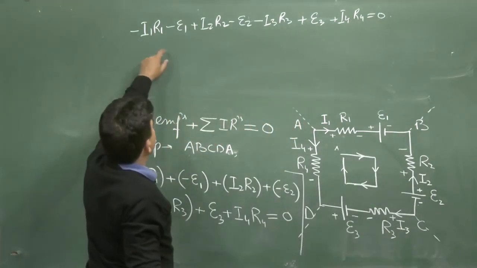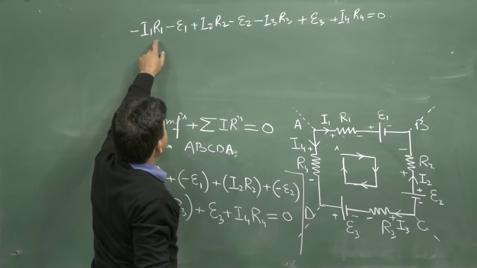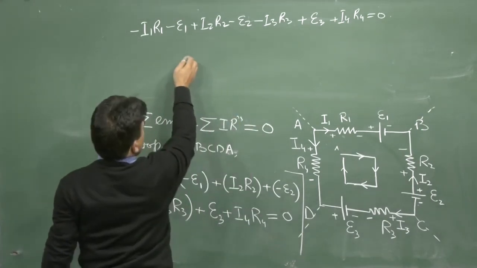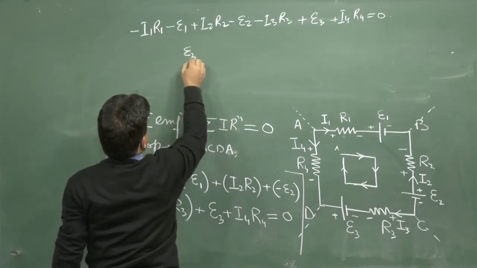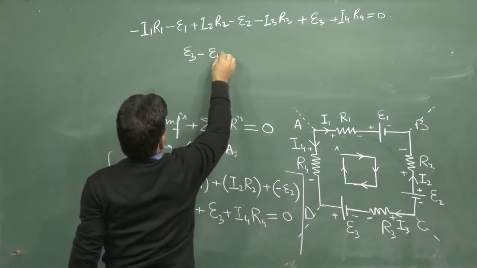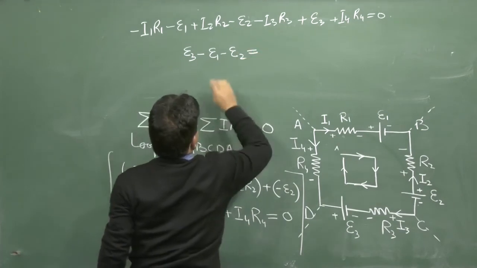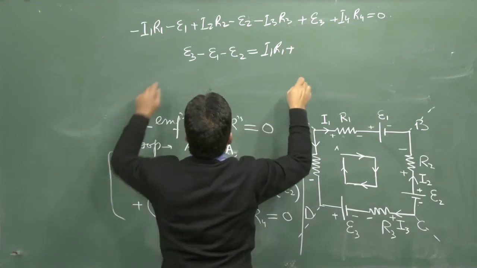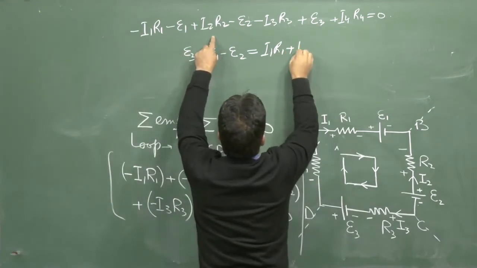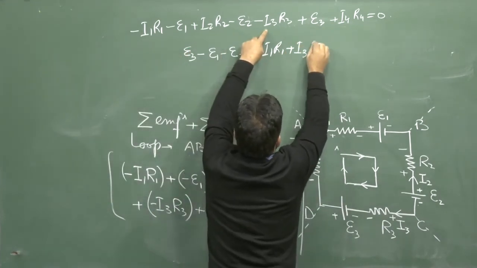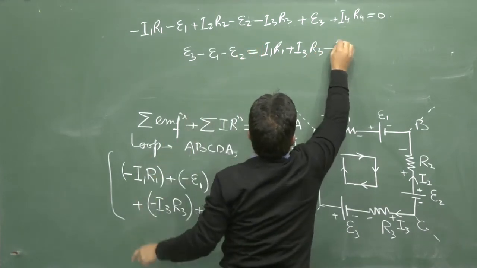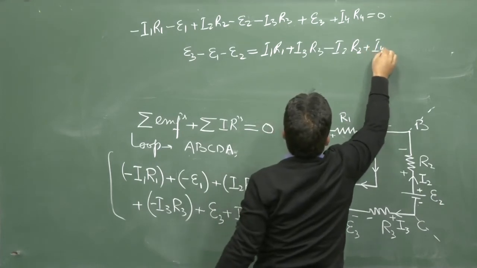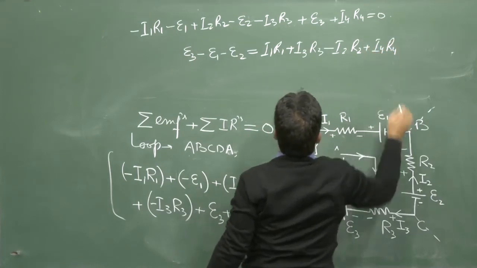You can shift the products of I and R to one side and the EMFs to the other side. Let us have E3 minus E1 minus E2 equal to I1 R1 plus I3 R3 minus I2 R2 plus I4 R4.